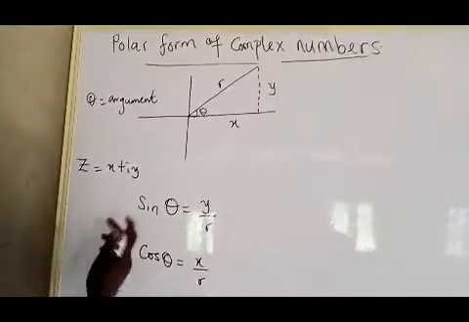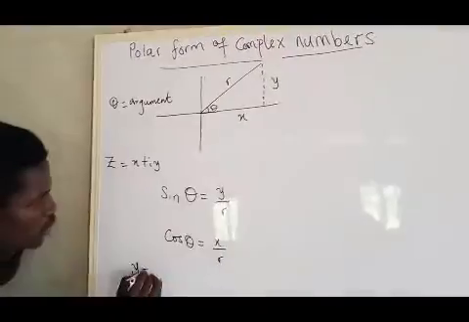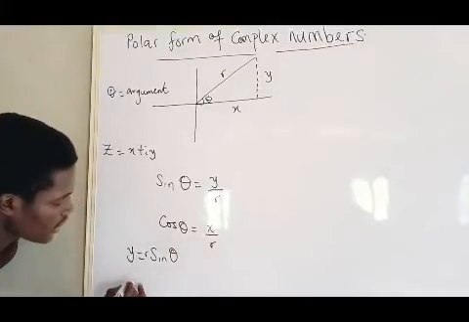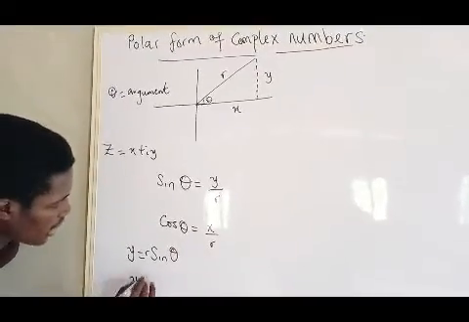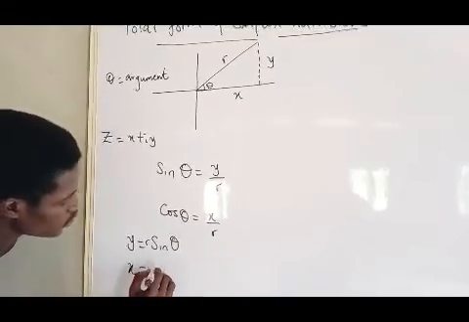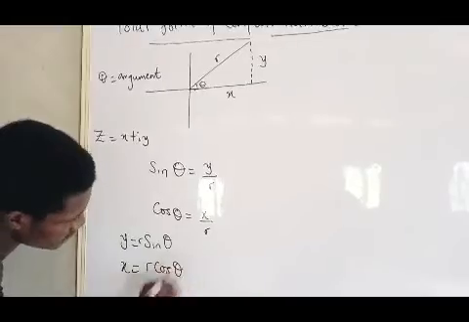Now if you cross multiply to make y the subject of the formula, that will be y equals r sine theta, and x will be equal to r cos theta.